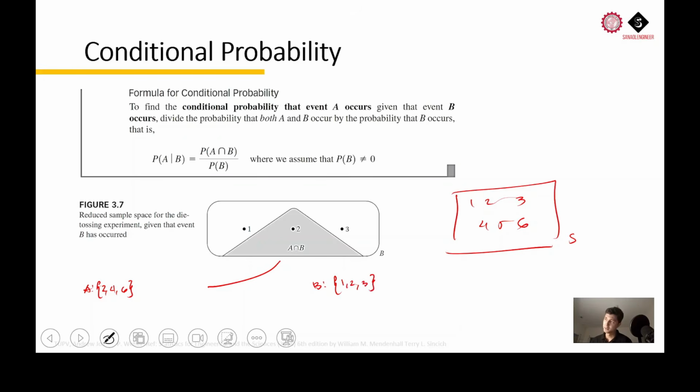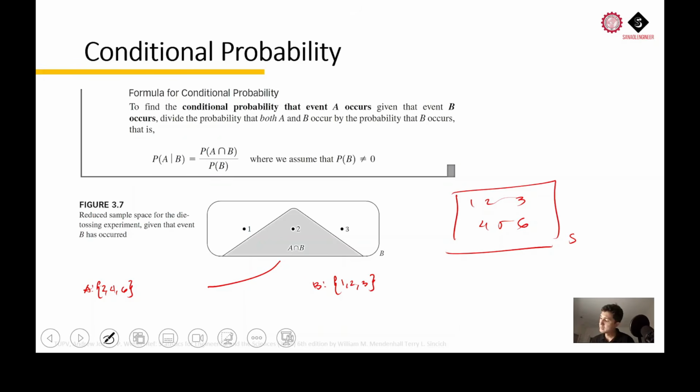If you were given an information, or you have updated your understanding on a particular problem, then it only makes sense that the certainty would increase or the uncertainty would reduce. That's why we are no longer interested in the bigger original sample space.